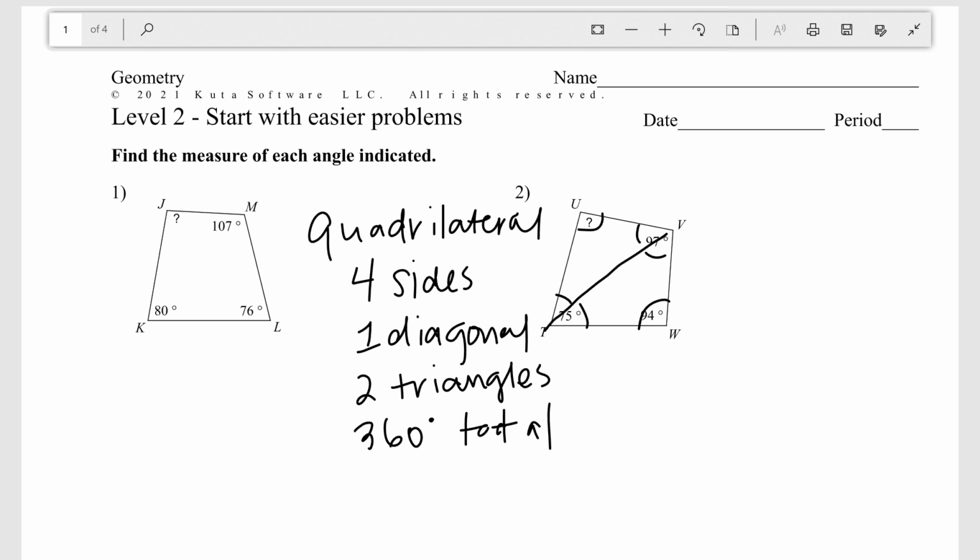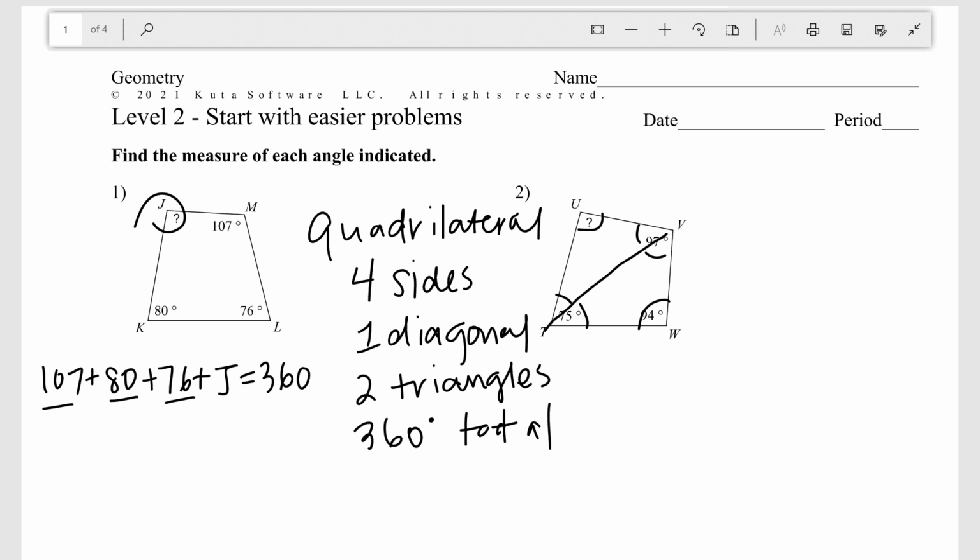So let's take a look at number 1. I am missing angle J, but I have 107, I have 80, I have 76, and if I add it to whatever angle J is, I'm going to get a grand total of 360 degrees. So let's go ahead and solve this. Starting off with combining my like terms, 107, 80, and 76 all do not have that variable J, so we're going to combine those.